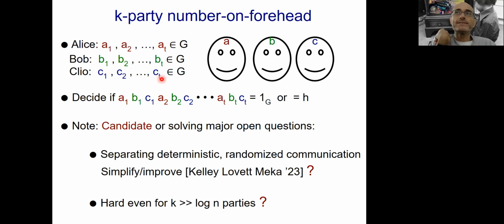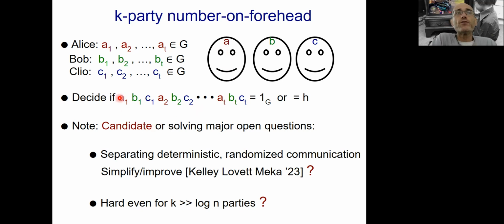The setup, as you might know, is that Alice has A on the forehead, so she can see B and C, but not A, and so on. This overlap of information, as is well known, makes this model extremely challenging, extremely powerful, and very useful in a variety of contexts. And this is one of them.